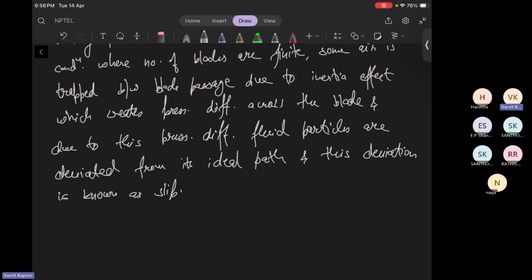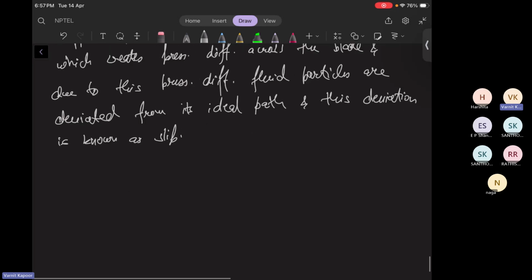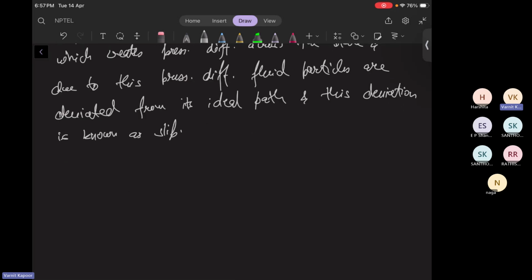Because of that pressure difference, you are not able to follow the same ideal path, and you slip from your ideal condition. So the actual effect of slip is that it decreases the actual blade angle at the outlet, which ultimately reduces the whirl component at the outlet. What do I mean by that?